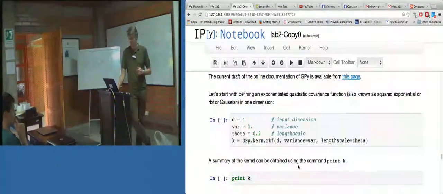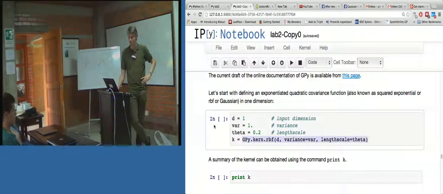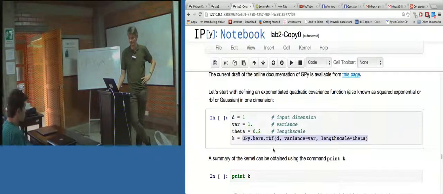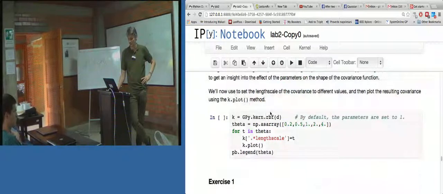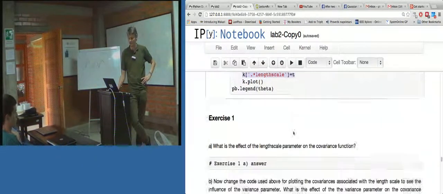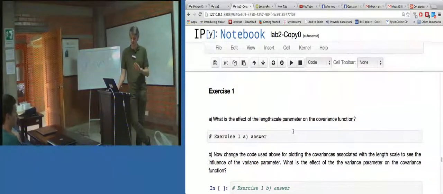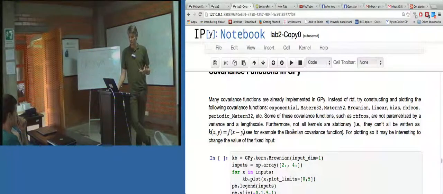The next part of the lab is actually to do similar things, but instead of defining all these covariances yourself, you use GPy to define the covariance, and then you can automate things like the plotting and the model optimization, and you set the parameters of the kernel by changing the parameters of objects. The first part of this next section of the lab is about how to apply those linear algebra operations that we've just seen in the lecture.